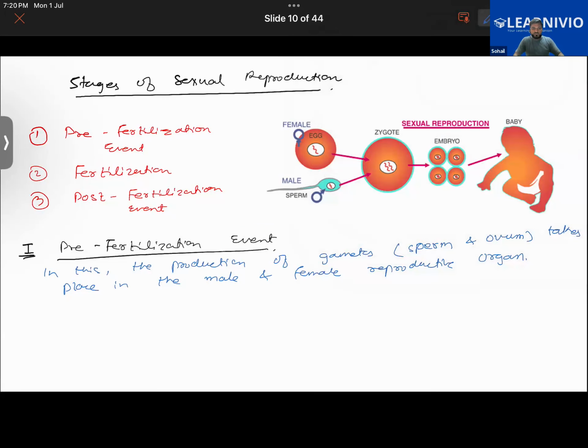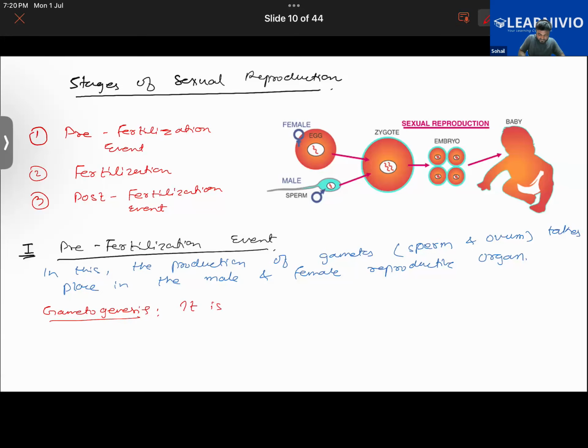This term gametogenesis, which I'm using here, is the formation of male and female gamete cells. Write this term, gametogenesis.